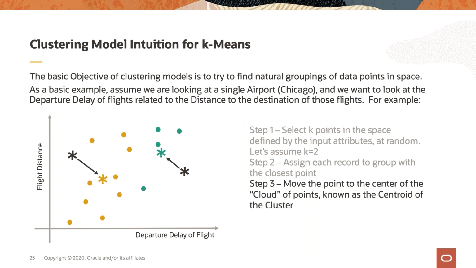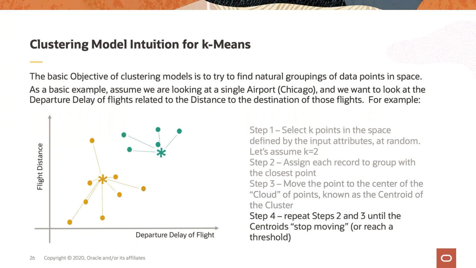Repeat the process. So now that we moved our centroid, we reassign all the points closest to my centroid. So now this guy that is very far away on the top left here actually seems more in line with the top, right? But that's where the magic continues to happen, because now I repeat steps 2 and 3.